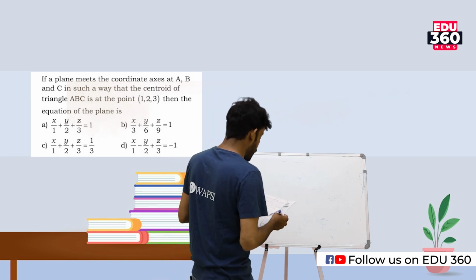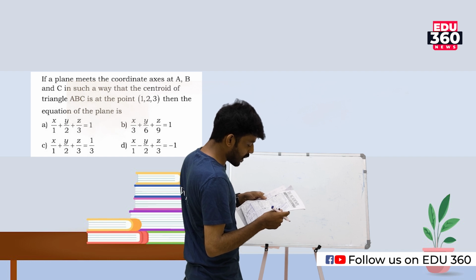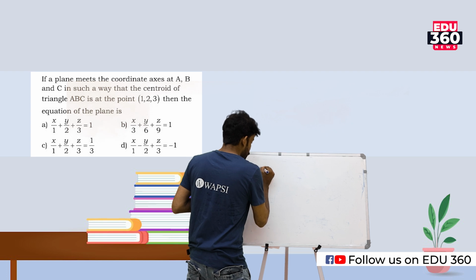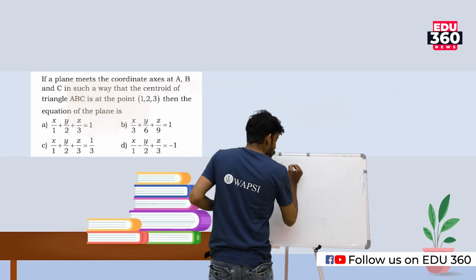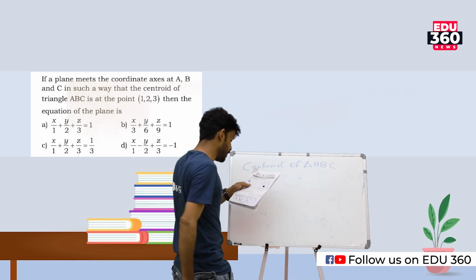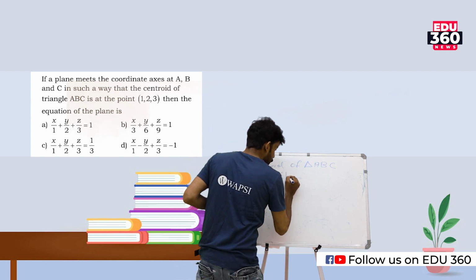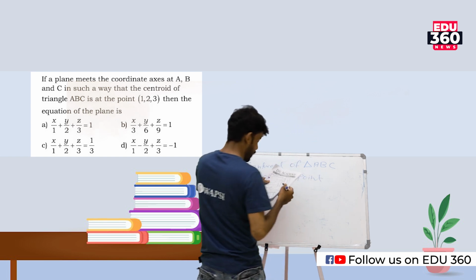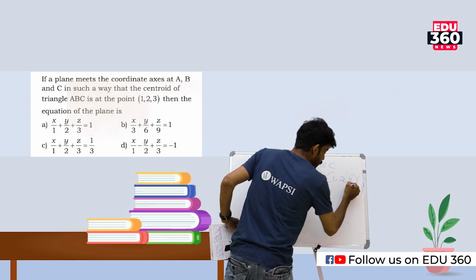So first of all, it's already given in the question that the centroid of the triangle ABC is at the point (1, 2, 3).